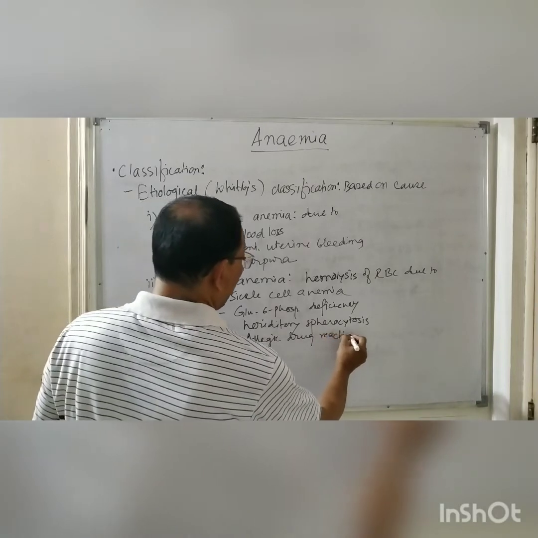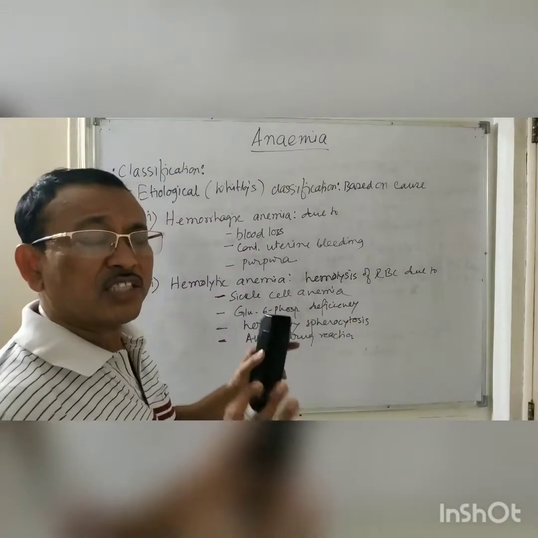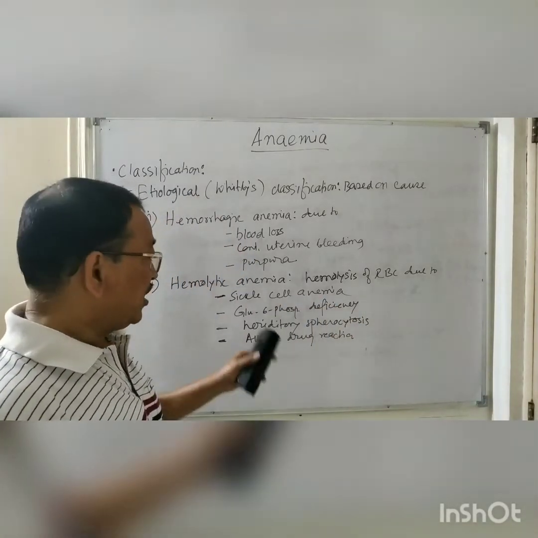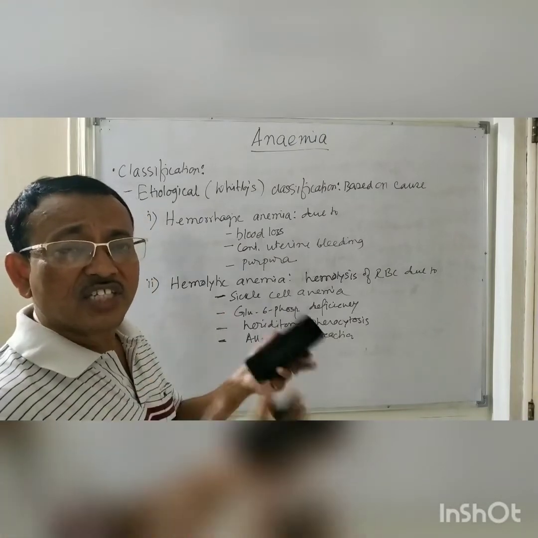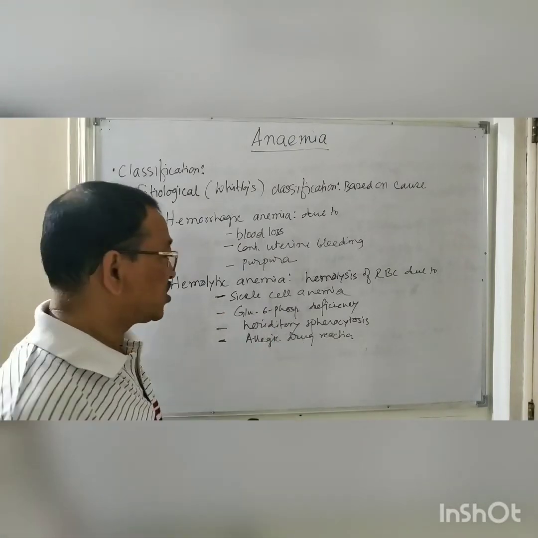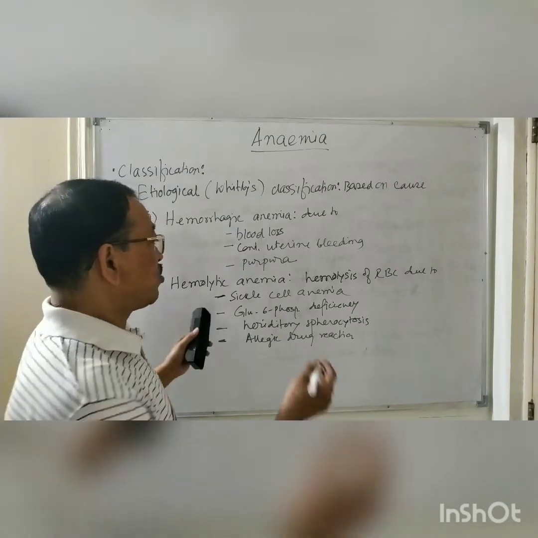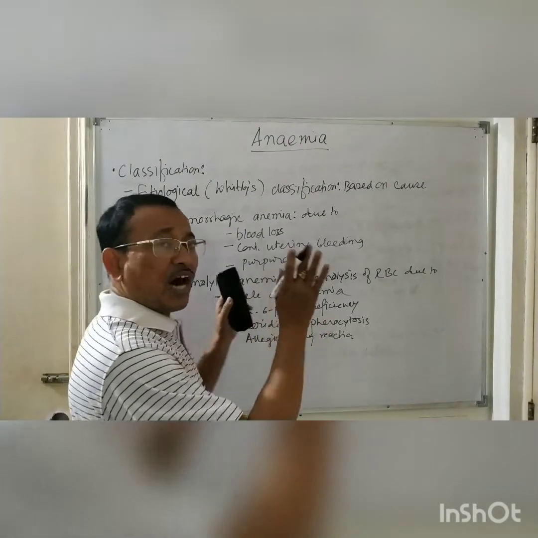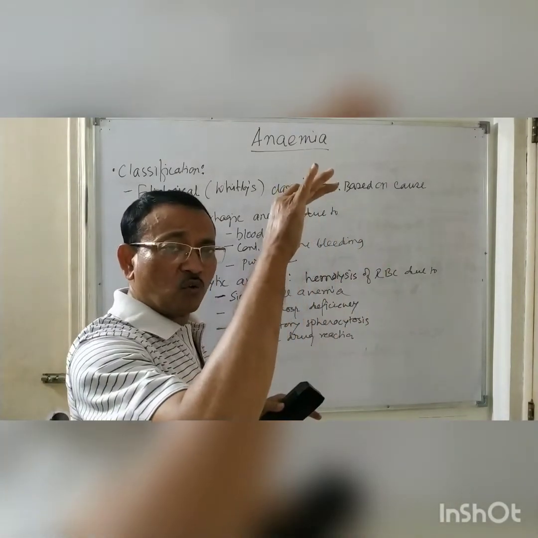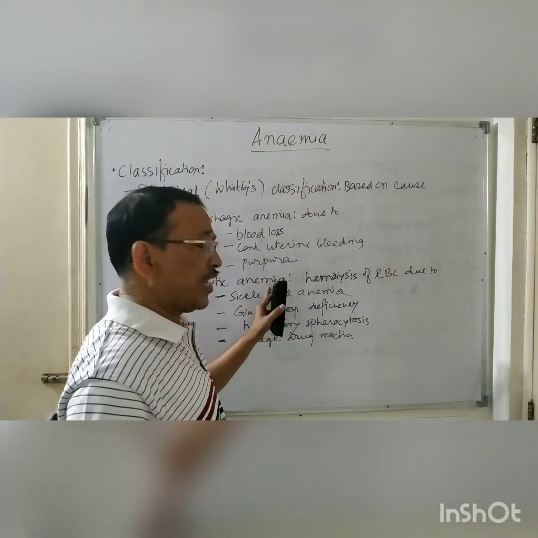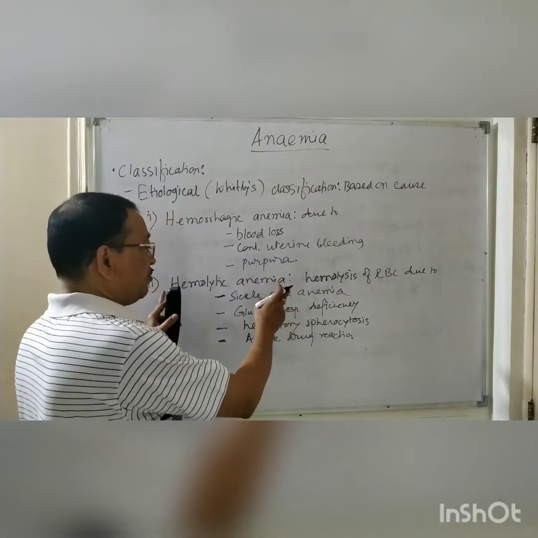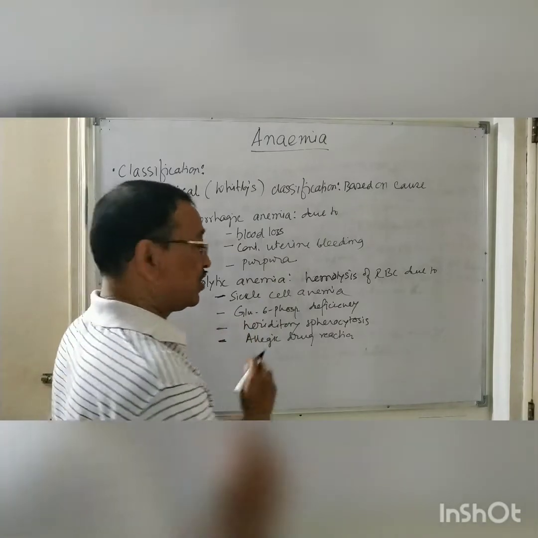Because of any of these reasons, hemolysis of the RBC takes place. It can even be because of infections like malarial infections. So in such a case, hemolysis of the RBC takes place, the RBC count will go down, and that will result in anemia, and that anemia is known as hemolytic anemia.